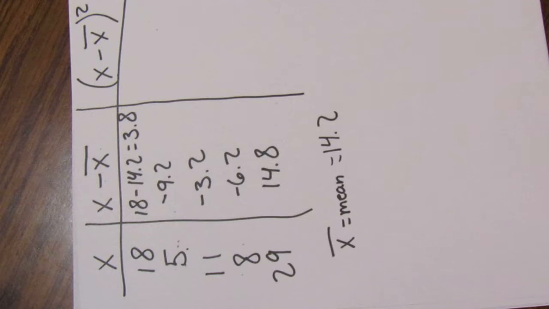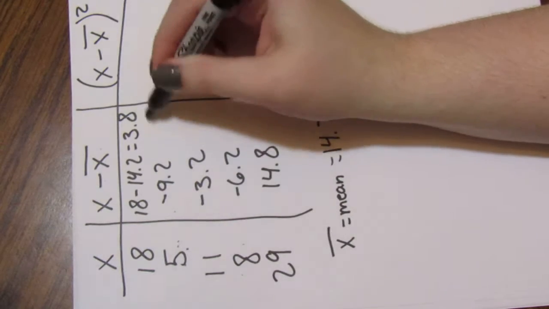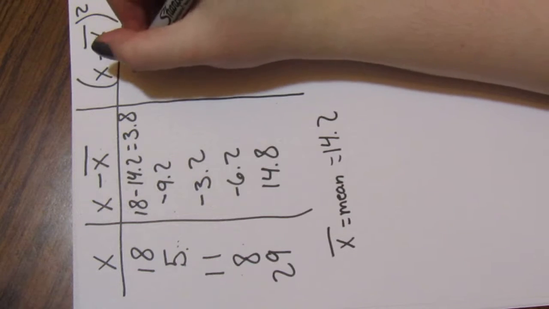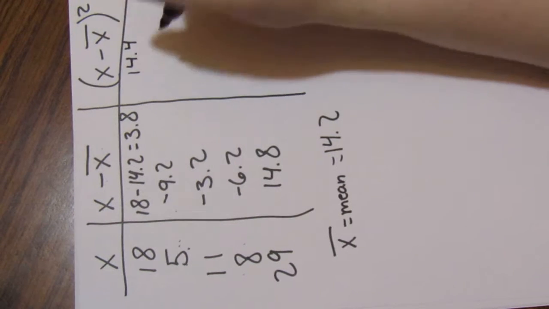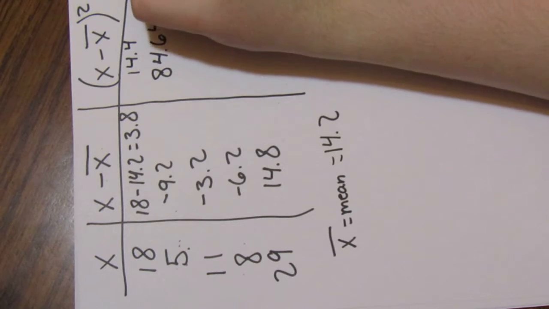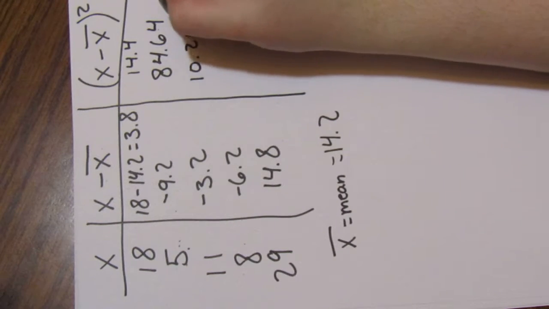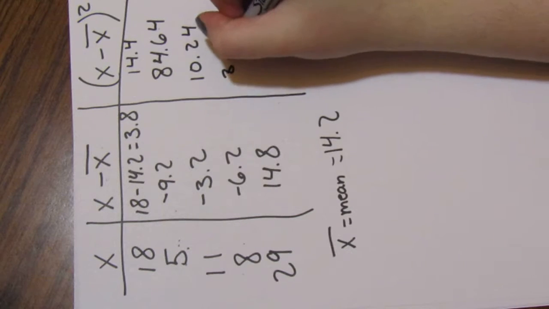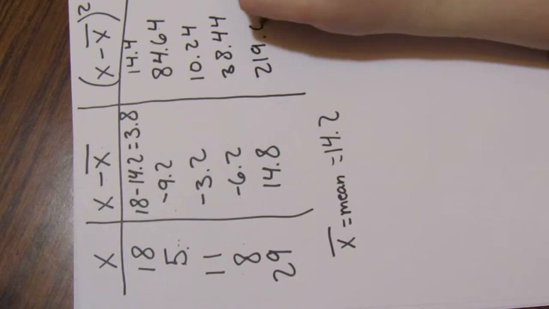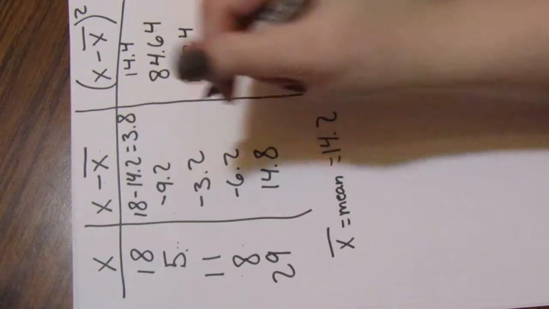So then you're going to do 3.8 from right here, the answer to this part, squared. It's going to be 14.4, and so on here. So then we're done with the chart.